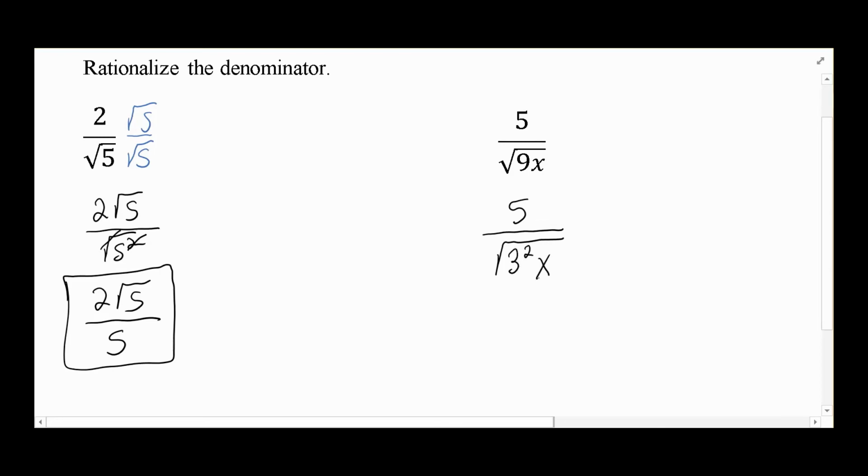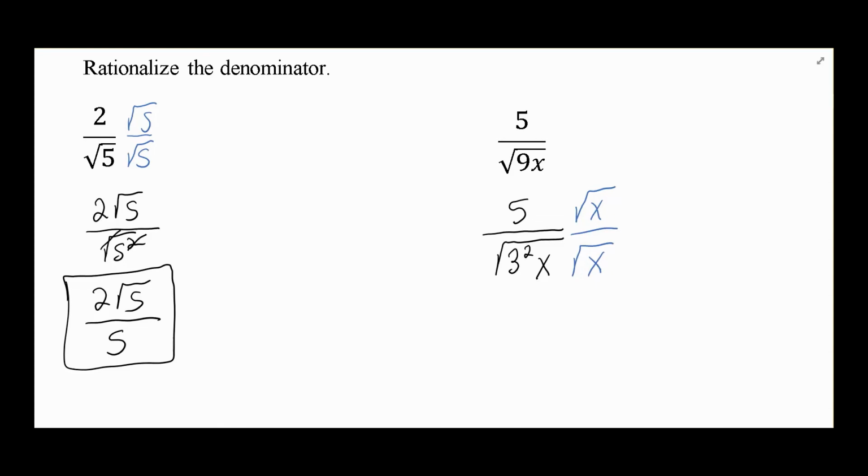And the reason for doing that is we see this is already a square. I don't need to mess with that portion of it. The only thing I need to mess with is the x. I need to bring the x up to a perfect square. So I have one x there. I'd like 2 of them, so I need 1 more.